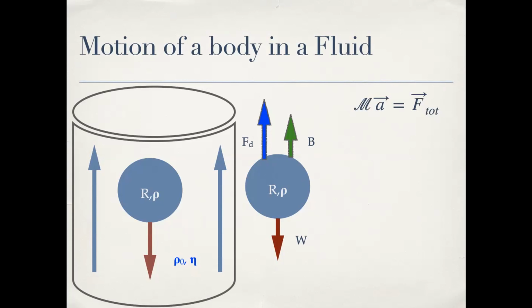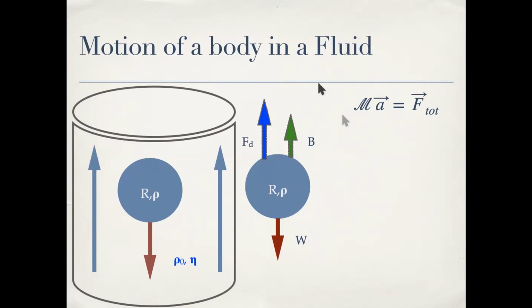As we know from Newton's second law, the equation of motion for such a body is given by the mass of the body, which I have written as a script m, times acceleration, and that is equal to the total force acting on our body.